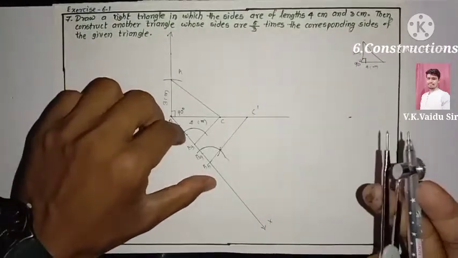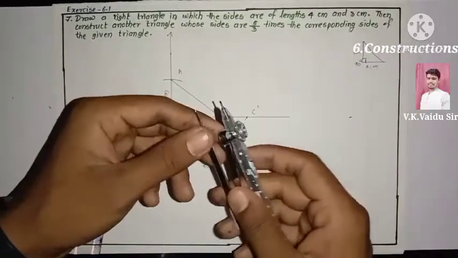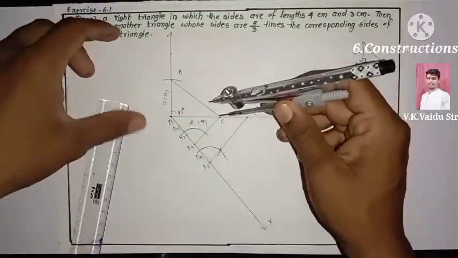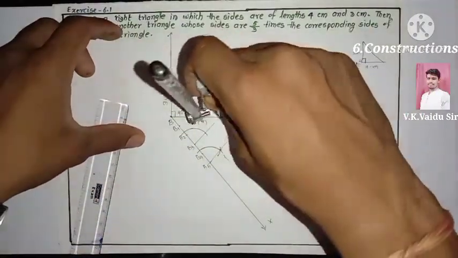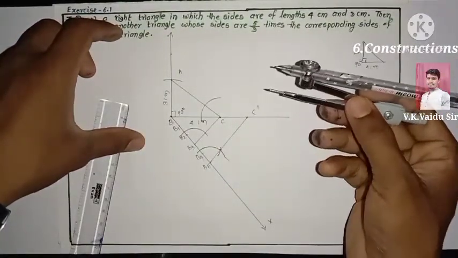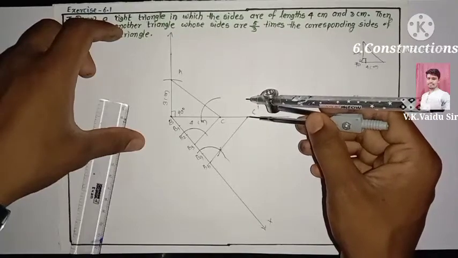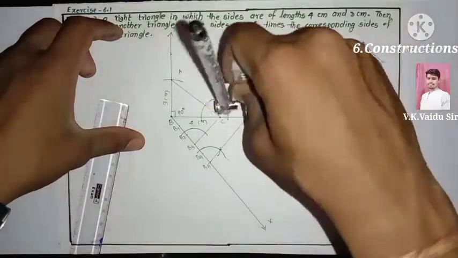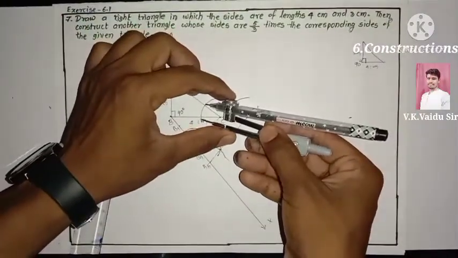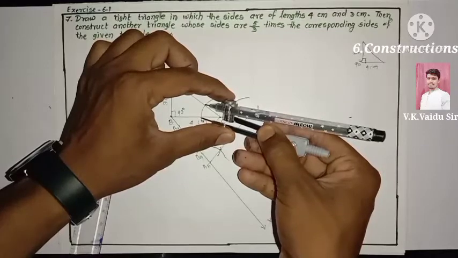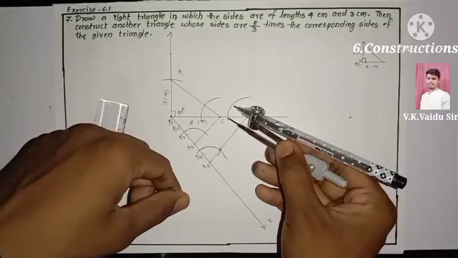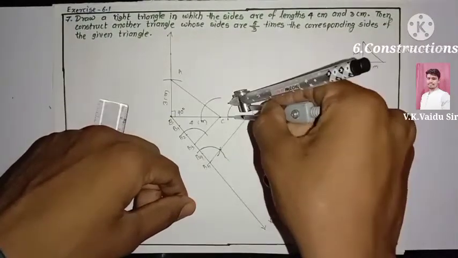The same procedure as above: take any distance in a compass, put the needle of the compass on point C and draw one arc. With the same distance, put the needle on point C dash and again draw one arc. Take the distance where the previous arc intersects, put the needle where the second arc intersects, and again draw one arc.